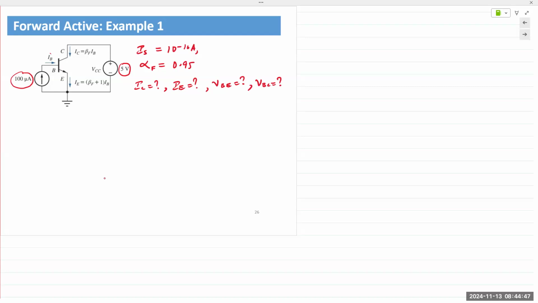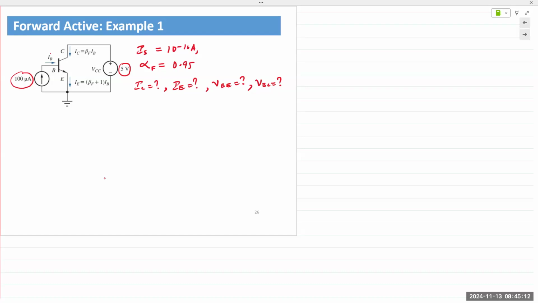Now, if certain values are not provided, you can always make assumptions. As an engineer, you will be doing that a lot. You'll make assumptions, and you will use multiple models. You might try one model and see if it works for your circuit. If it doesn't, you will try something else. That's why we have multiple models, because no single model can accurately describe all circuits.